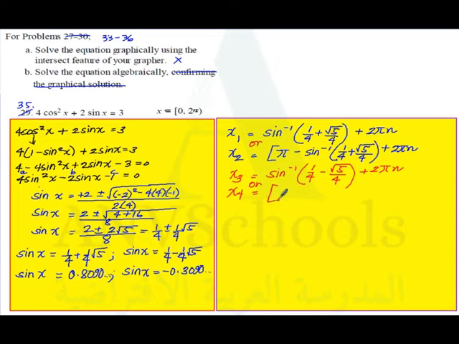That would be pi minus arcsine of 1/4 plus square root of 5 over 4 plus 2 pi n.